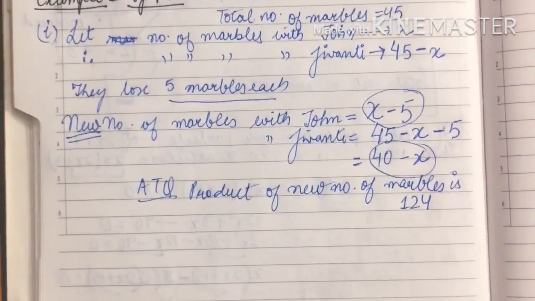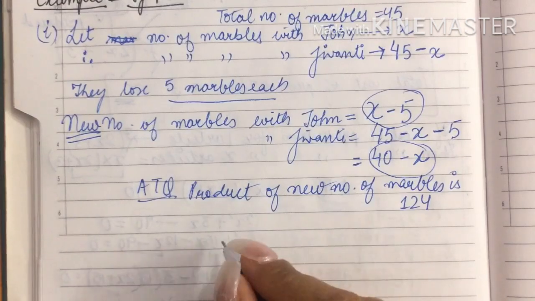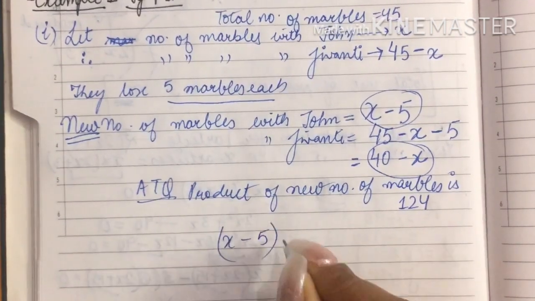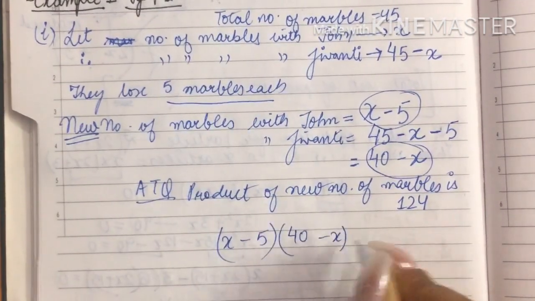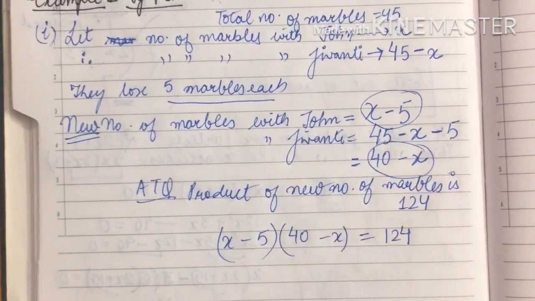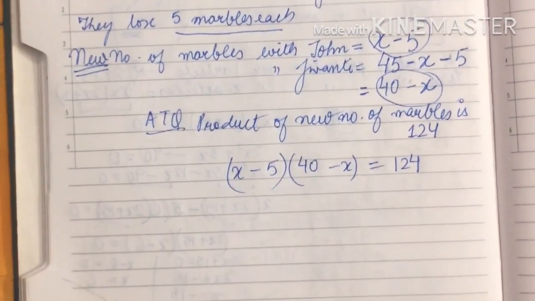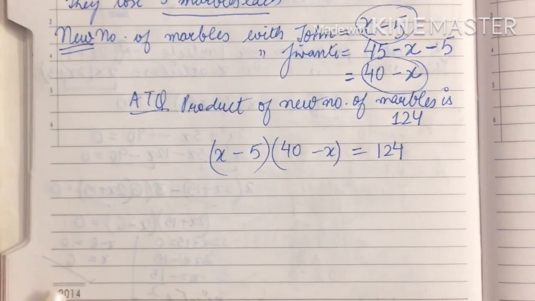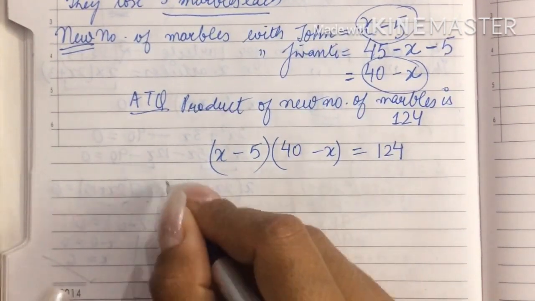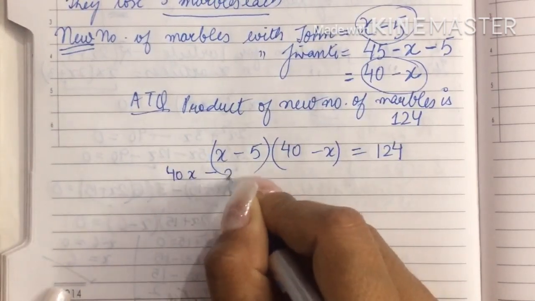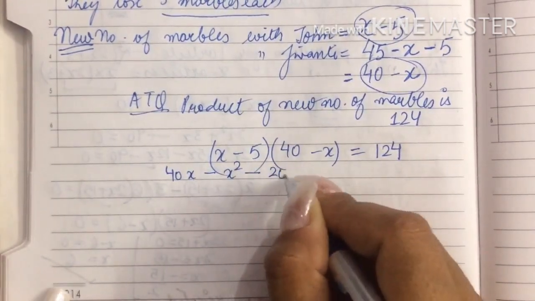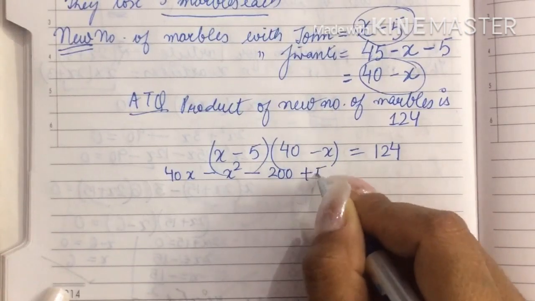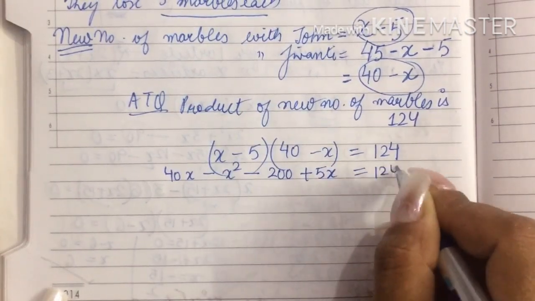So what does this give me? X minus 5 into 40 minus X equals to 124. Let's simplify and obtain the quadratic equation in standard form before we try to factorize it. So this will be 40x minus x square minus 200 plus 5x equals to 124.